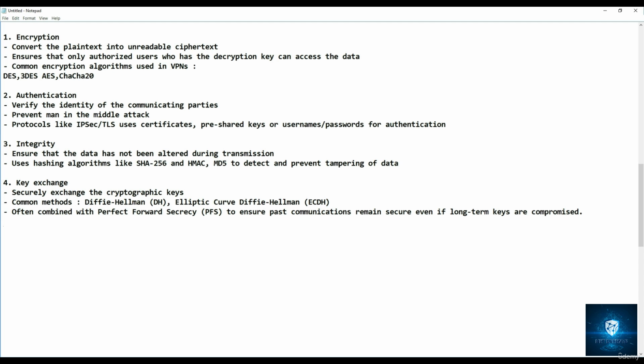So what are the different protocols you have in VPNs that are leveraged by cryptography? The protocols used in this technology are IPsec, which is called Internet Protocol Security.